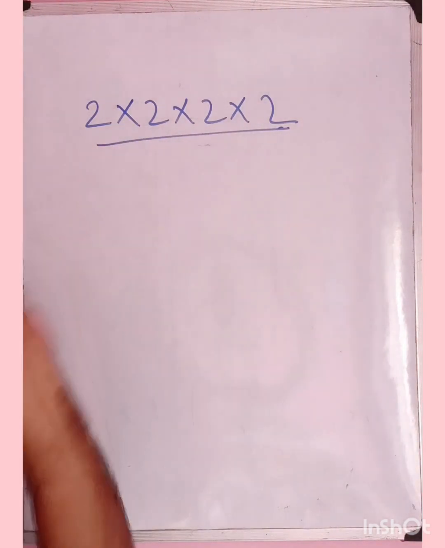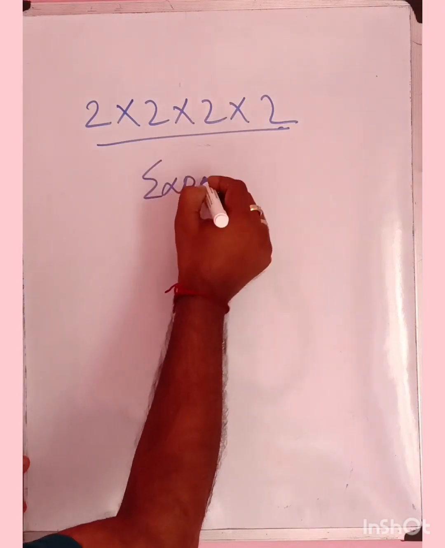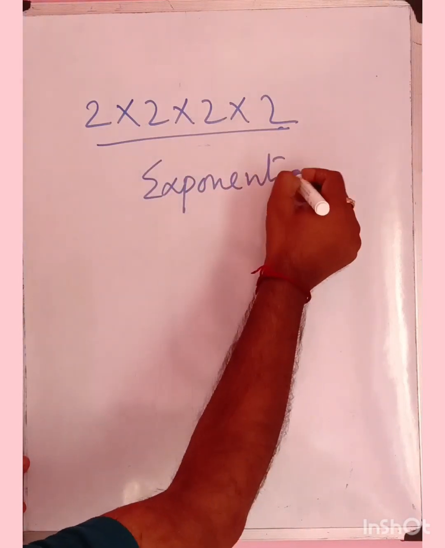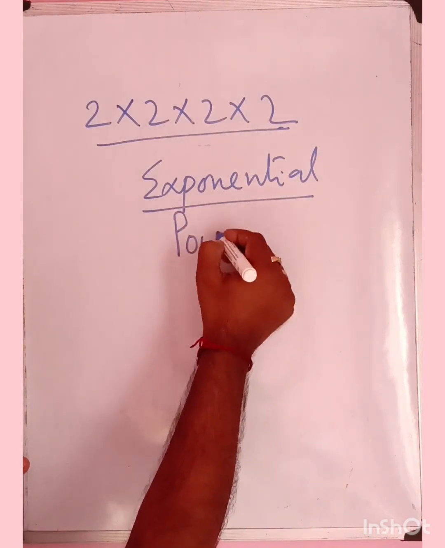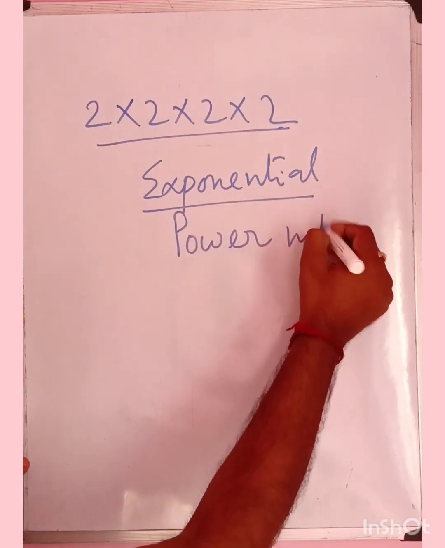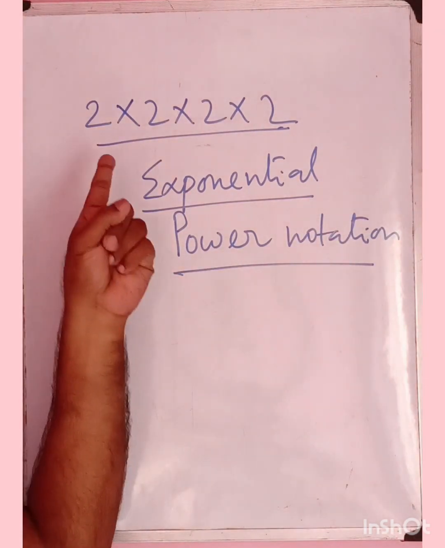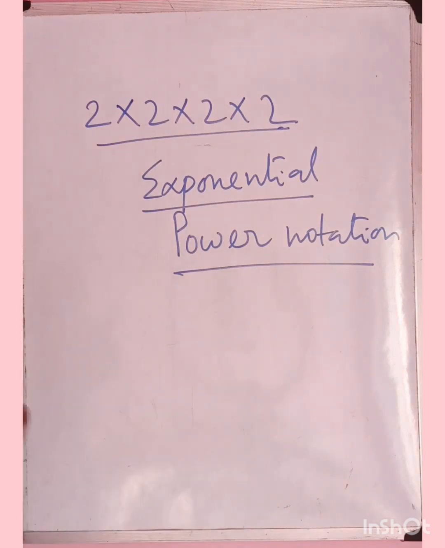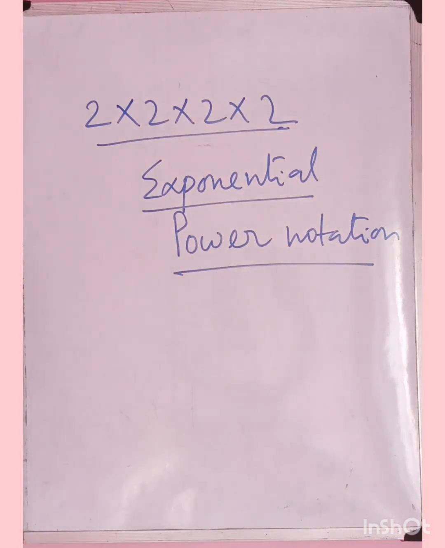This can be expressed in an exponential form or power notation. If we multiply a number by itself repeatedly, then it can be expressed in exponential or power notation.